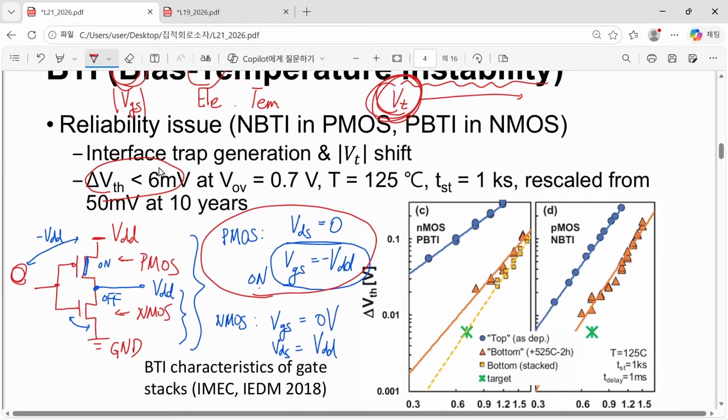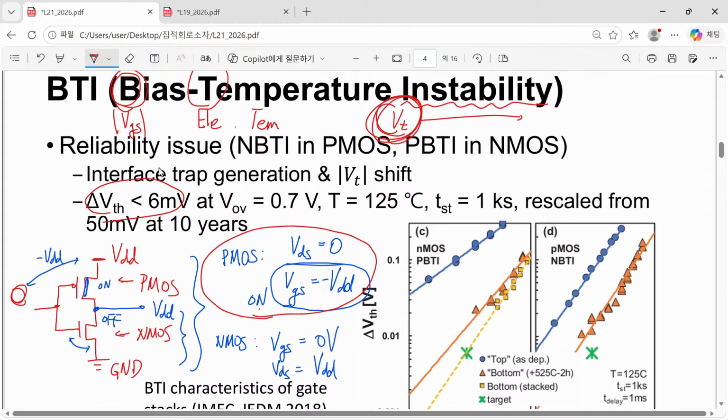That is the bias temperature instability, and this one is typically very serious for our P MOSFET. When we have a P MOSFET and apply negative bias, it becomes really significant.